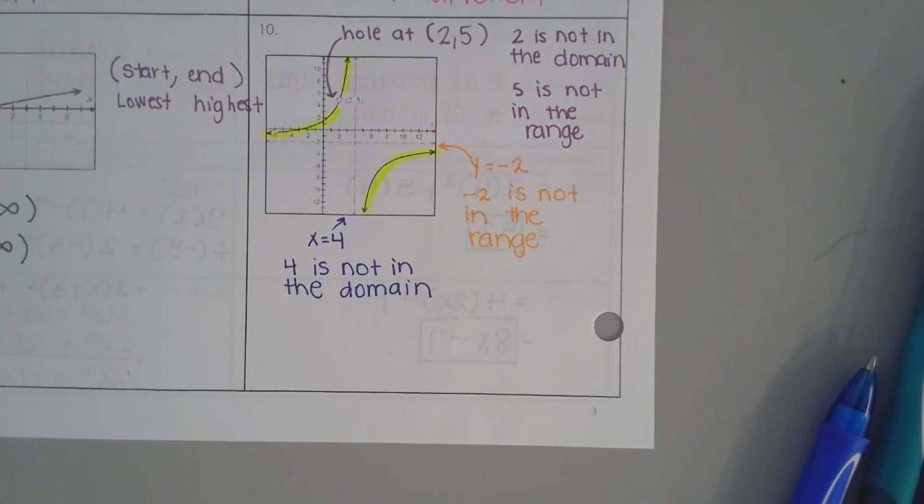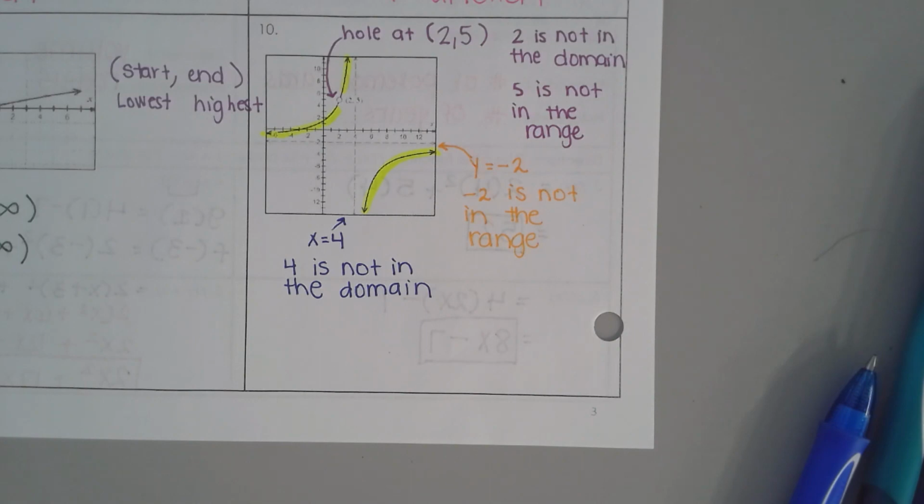So I'm basically going to start at negative infinity. Let's do domain first. I'm starting at negative infinity, and I know I'm stopping at positive infinity. But I have some breaks in between there. I think there's 2 places for domain and 2 for range.